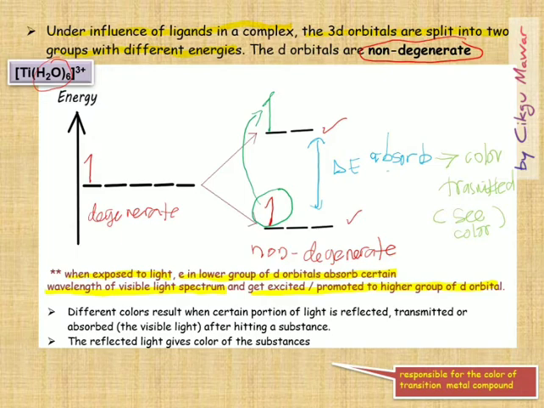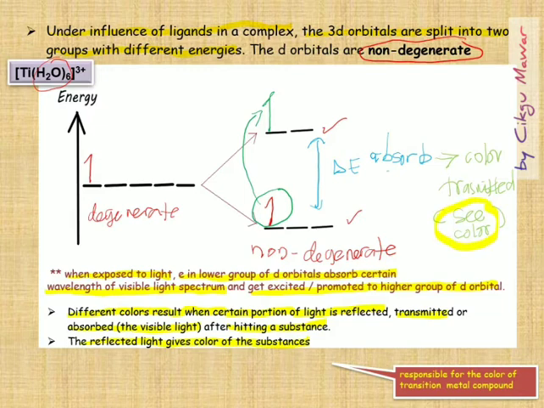Okay, so for different color results, a certain portion of light is reflected, transmitted or absorbed after the visible light hits a substance. The reflected light gives the color of the substance, which is the color transmitted that we can see.